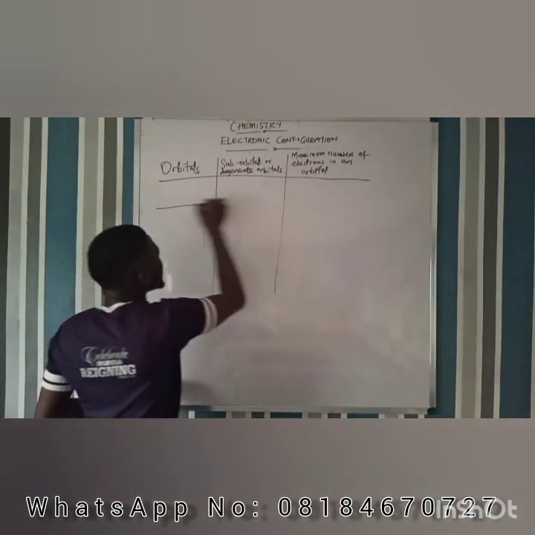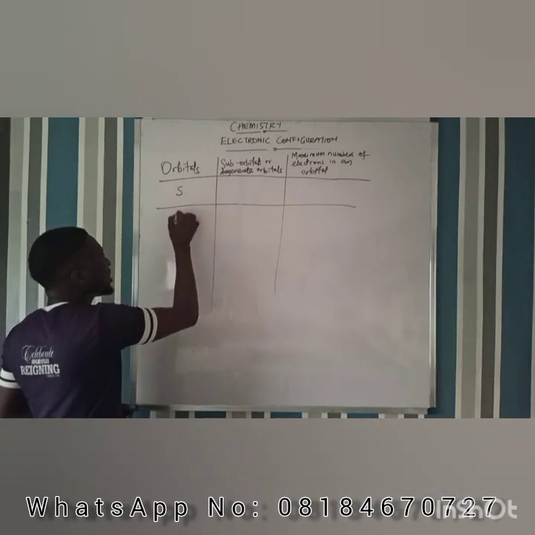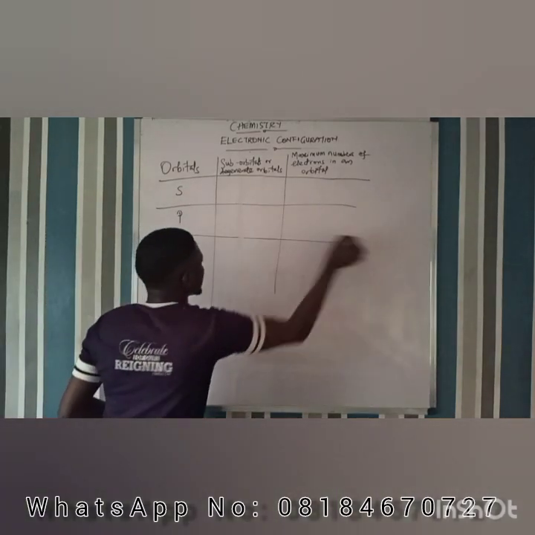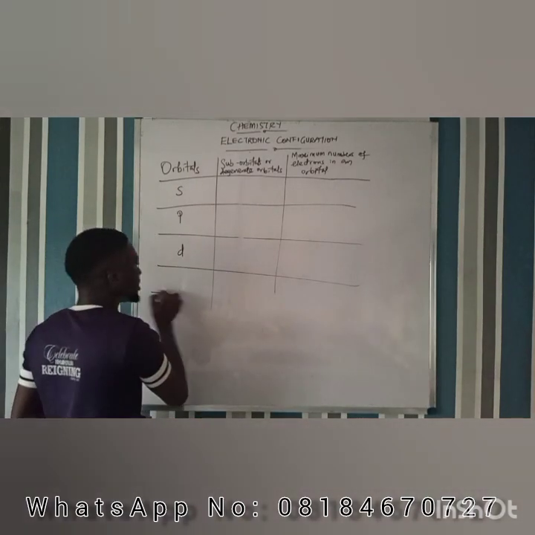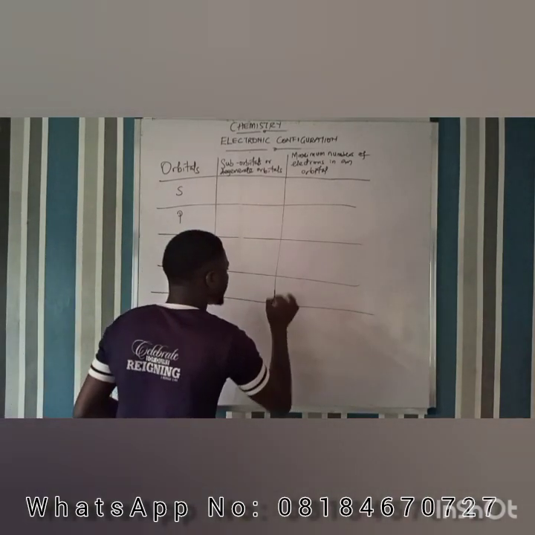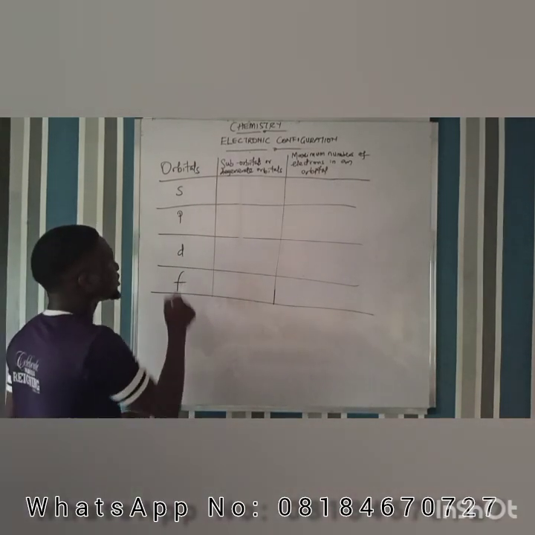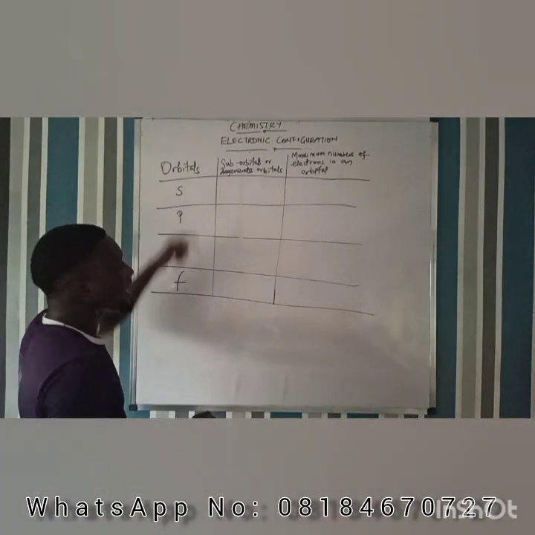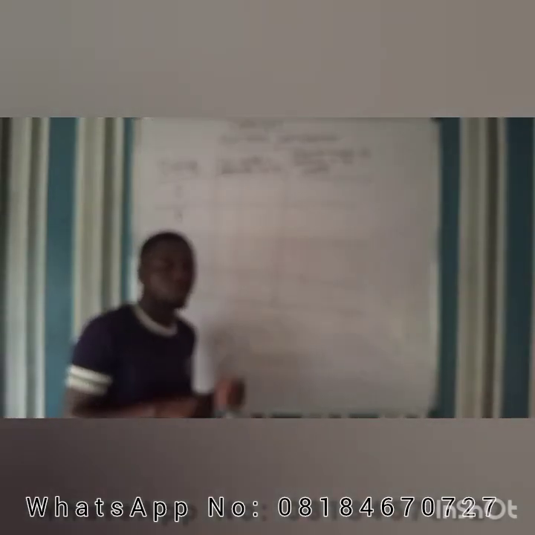Firstly, let's start with the S orbital. Then we have the P, the D, and the F orbital. The S orbital has just zero degenerate orbital. What do you mean by that?